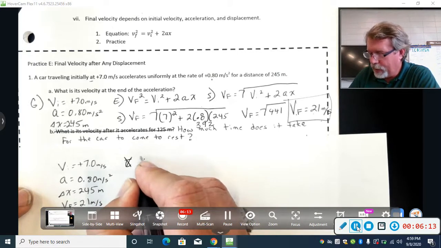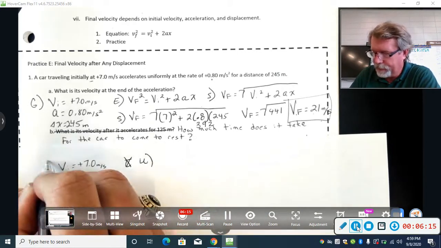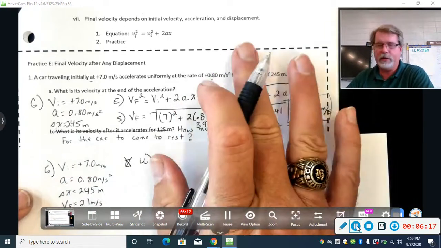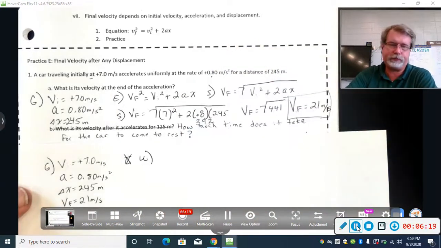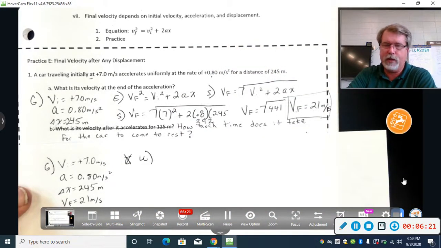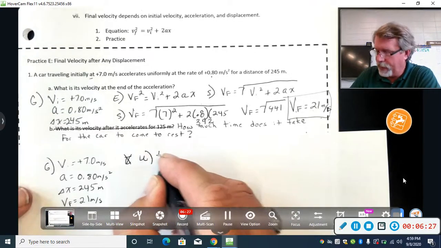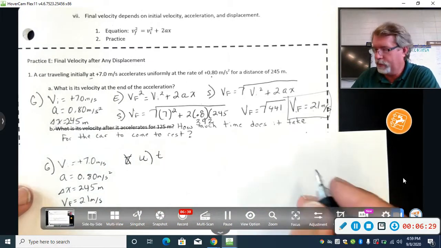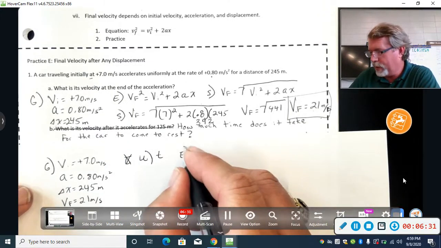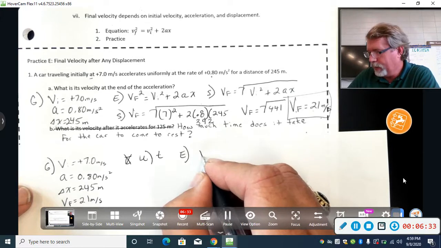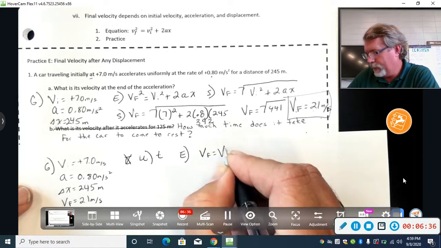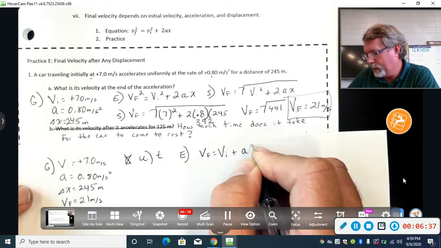These are our givens. Our unknown in this expression is time. We're looking for time. Now we don't have an equation that says t equals, but we have a couple other equations, and we have one that is VF equals VI plus AT.